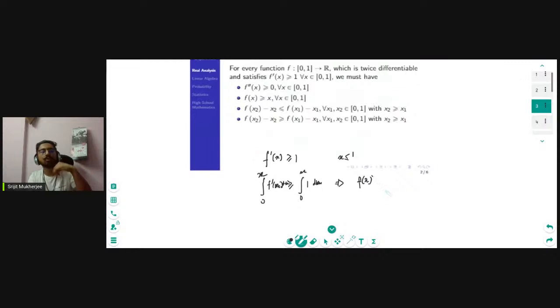I'm also showing you how you should write in an examination hall for the ISI subjective portion. By the fundamental theorem of calculus, f of x minus f of 0 is greater than or equal to x. So we get f of x is greater than or equal to x plus f of 0.